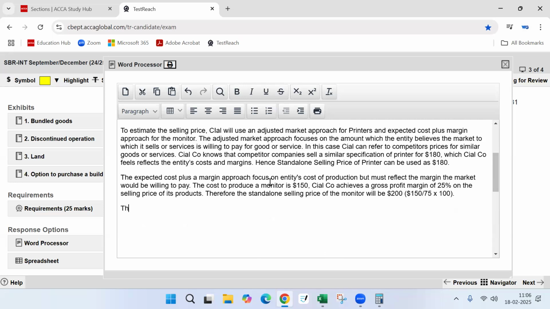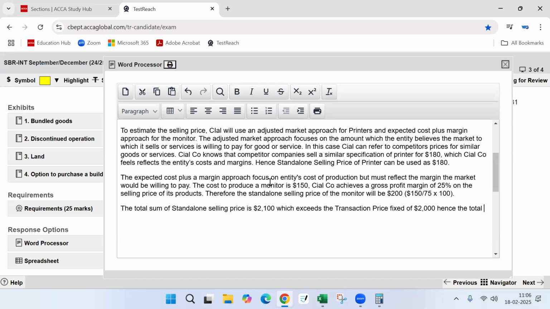Right? So you can say that the total sum of standalone selling price is $2,100, which exceeds the transaction price fixed of $2,000.